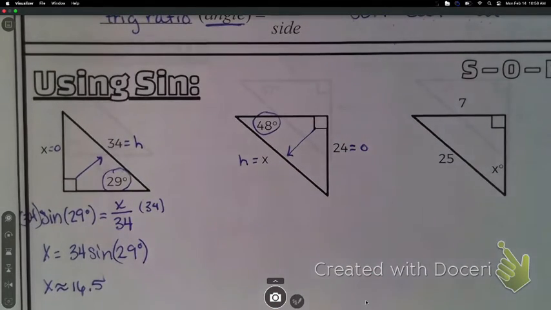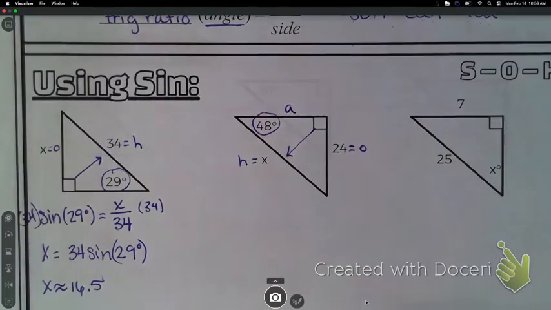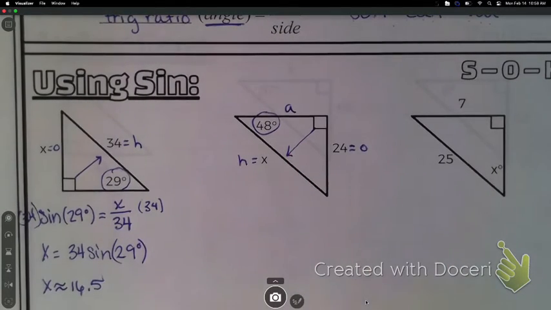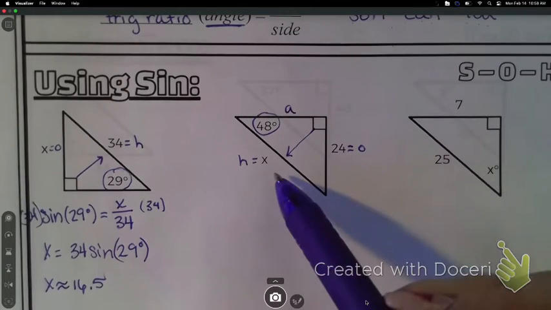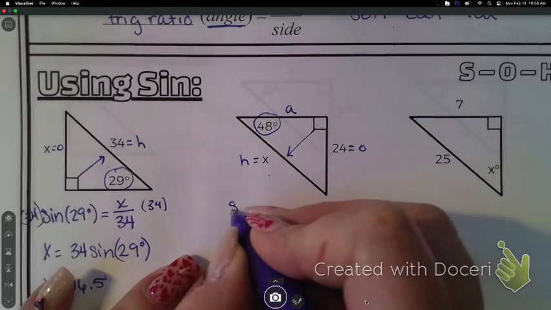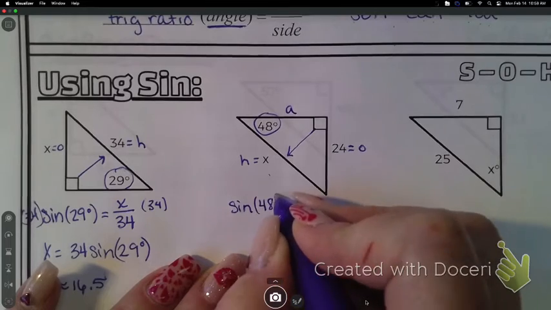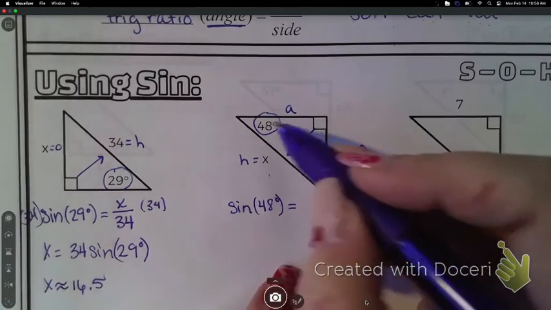And so this over here that's not marked would be the adjacent one. So on my worksheet, I have the opposite and want the hypotenuse. What function is opposite and hypotenuse? Sine.